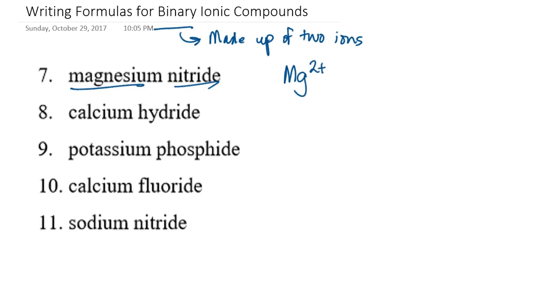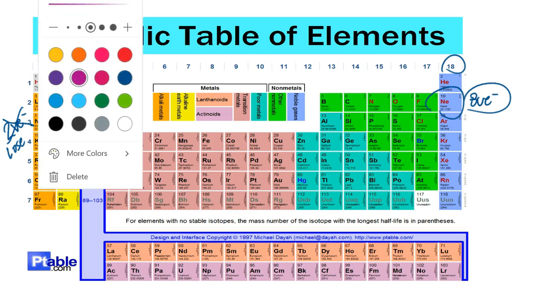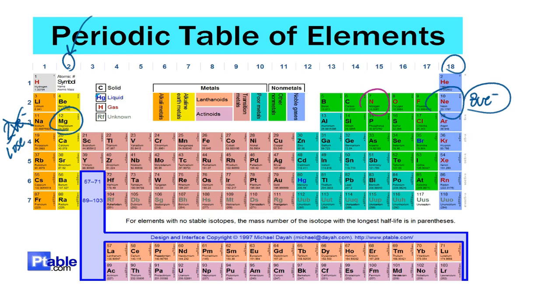Now, if I want to write the formula for the nitride ion, here's nitrogen. Okay, now its nearest noble gas also happens to be neon. Based on our rules from the last tutorial, since nitrogen is in group 15, that means it has 5 valence electrons. To get the 8 valence electrons that neon has, it would have to gain 3 more valence electrons.